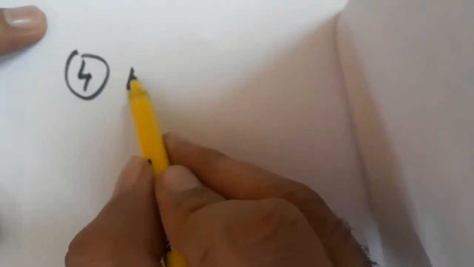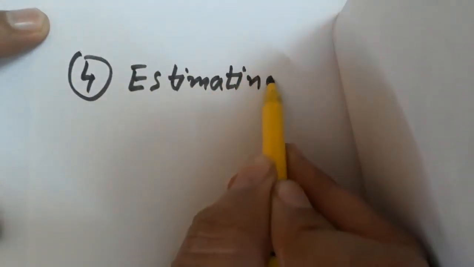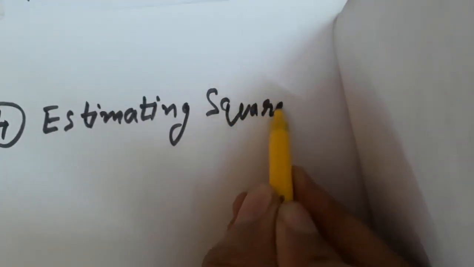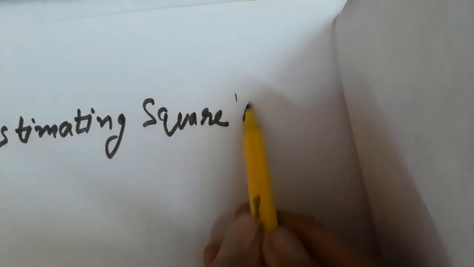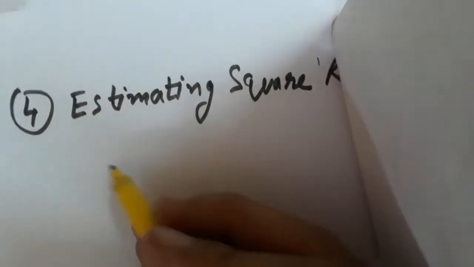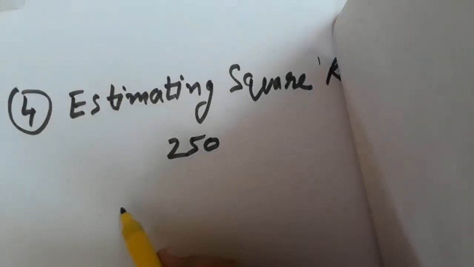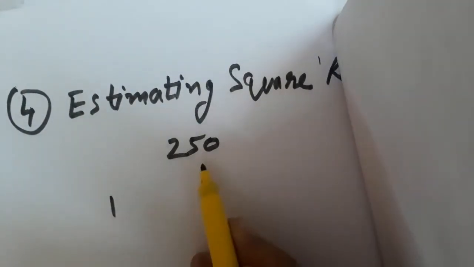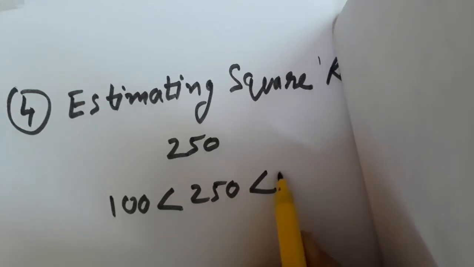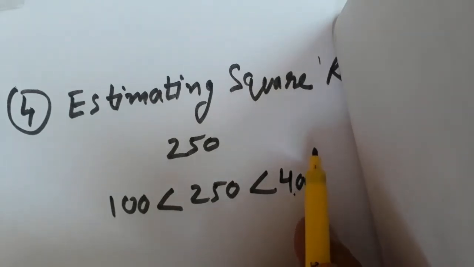Estimating square roots. For example, if we have to find the square root of 250 using the estimation method, what we do is we write 100, which is less than 250, which is less than 400. 100 refers to 10 square, 400 refers to 20 square.